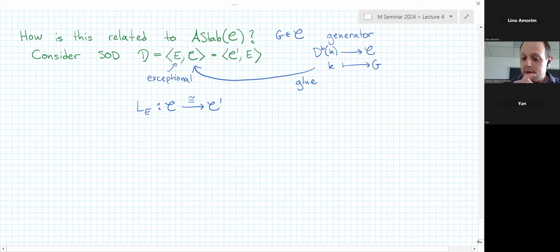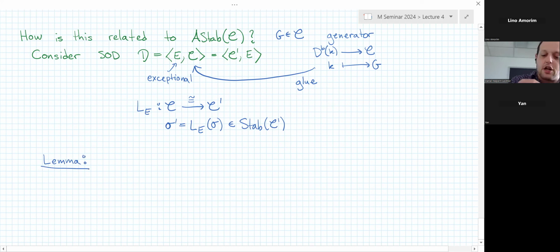And using this equivalence, I can do two things. I can use this equivalence to transport my stability condition sigma, which will now be in the stability manifold of C prime. And basically, you have this little lemma: I can glue stability conditions.